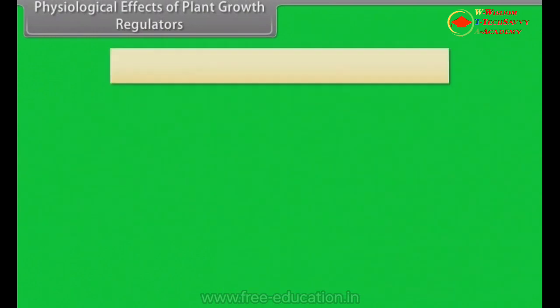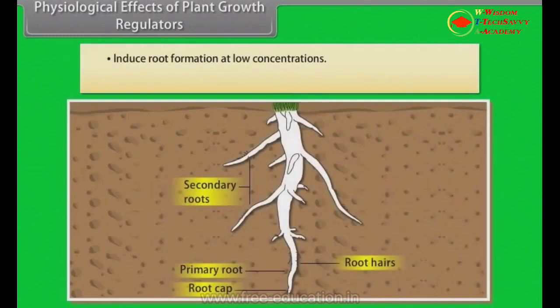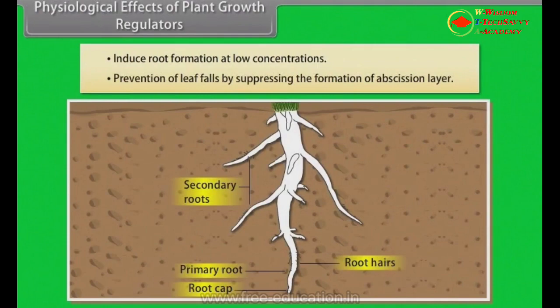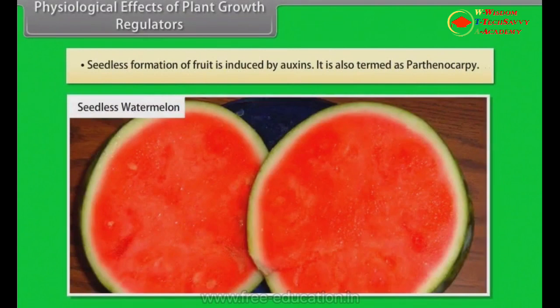Auxins have differential action on shoot tip and root tip, and induce root formation at low concentrations. They prevent leaf fall by suppressing the formation of the abscission layer. Seedless formation of fruit is induced by auxins. It is also termed parthenocarpy.